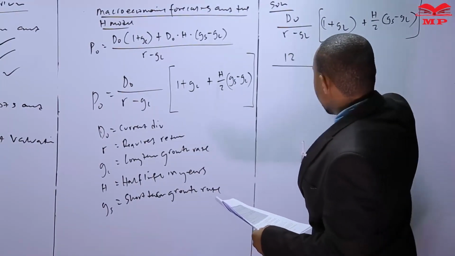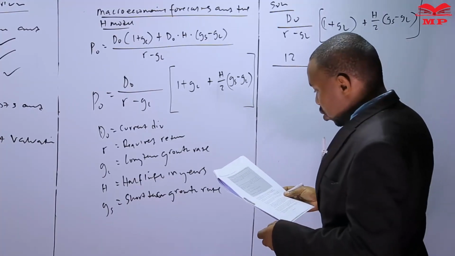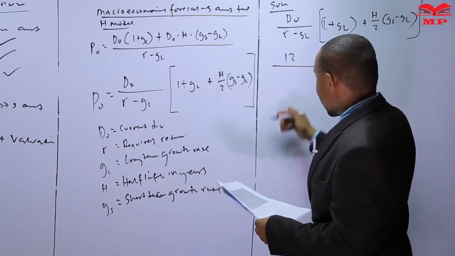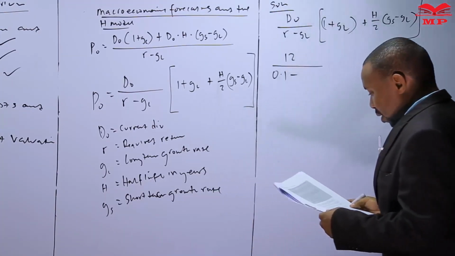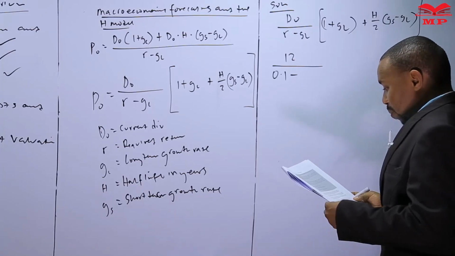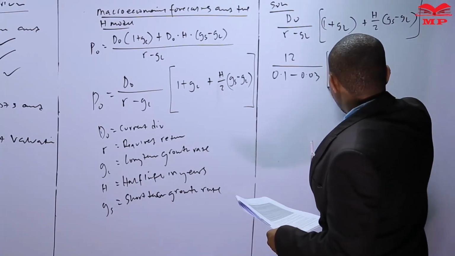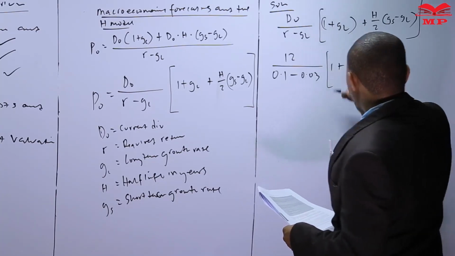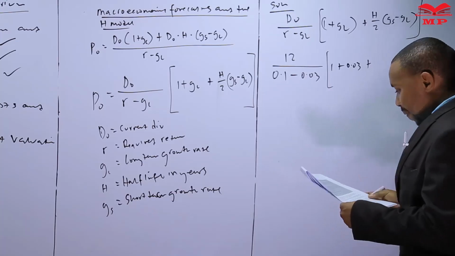So it's 12 divided by the required return, which we've been told is the real return on equity, 10%, so 0.1 minus the long-term growth rate. We have been told that the sustainable growth rate is 3%, 0.03. Then 1 plus the long-term growth rate, 0.03, plus the half-life in years.